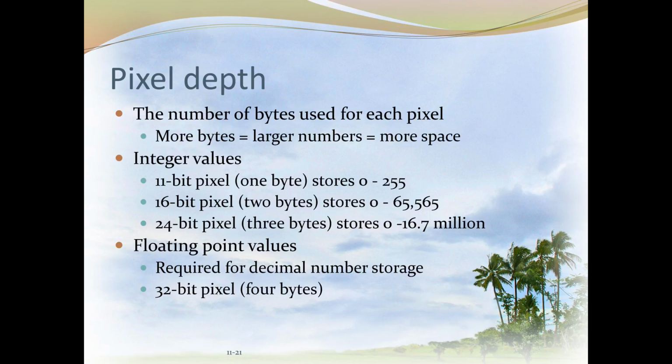For integer values, an 8-bit pixel, 1 byte, stores 0 to 255, a 16-bit pixel, 2 bytes, stores 0 to 65,535, and a 24-bit pixel, 3 bytes, stores 0 to 16.7 million.